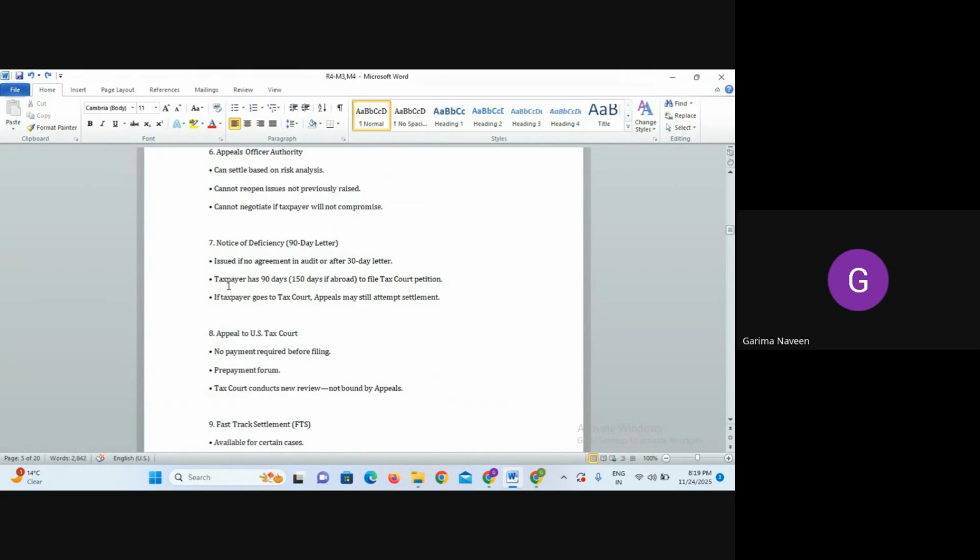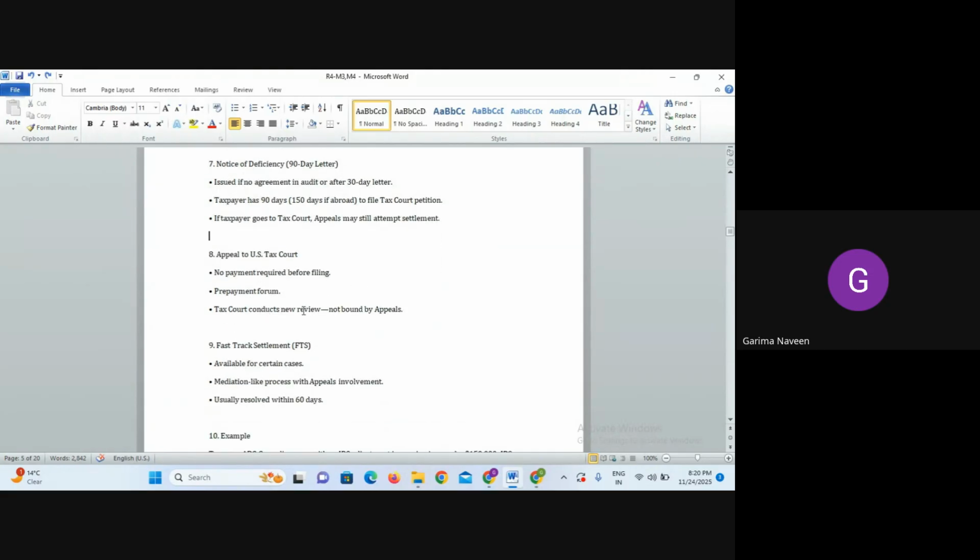The taxpayer has 90 days to file a tax court petition, and if the taxpayer goes to tax court, they may still attempt settlement. Or if you fail to file the tax court petition, then the IRS has 10 days, within 10 days, they can claim payment of the additional tax liability from you.